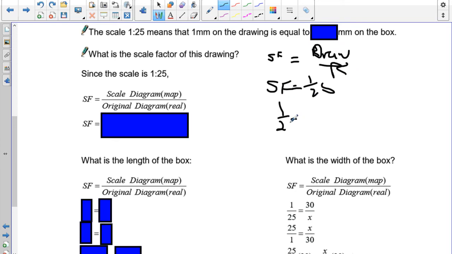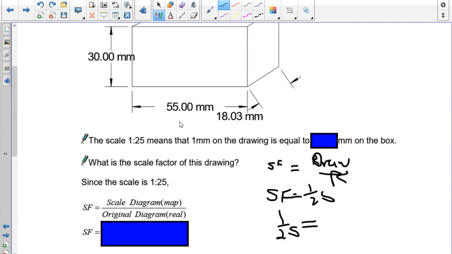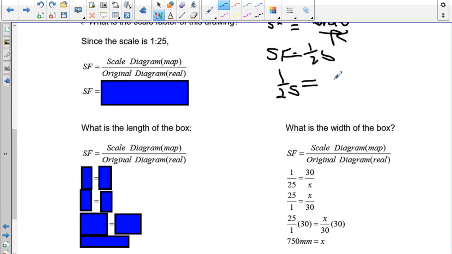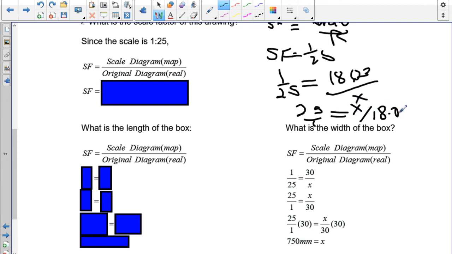We can put that over here, and that's equal to the drawing over the real, which is here, and that's 18.03 over the unknown right there. So the next step I have to do here is flip this over, so that becomes 25 over 1. And this here becomes x over 18.03.